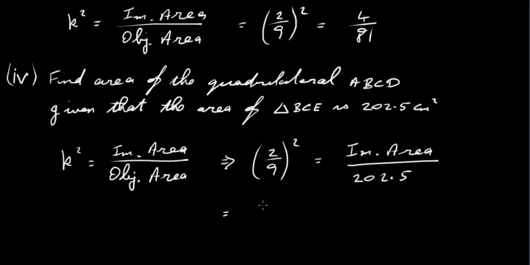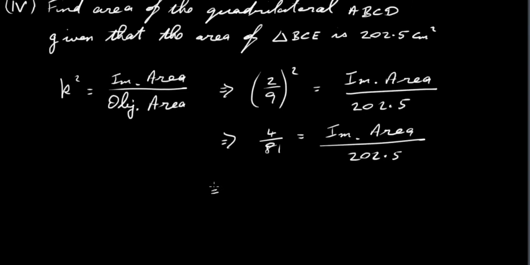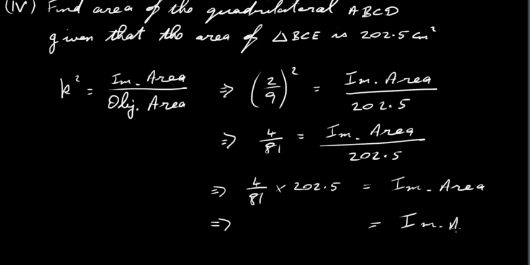I was given that in the question. So that gives me 4 over 81 is equal to the image area divided by 202.5. Now all I've got to do is take 4 over 81, multiply it by 202.5, and that will give me my image area. And what you'll find is that the image area is just 10 centimeters squared.